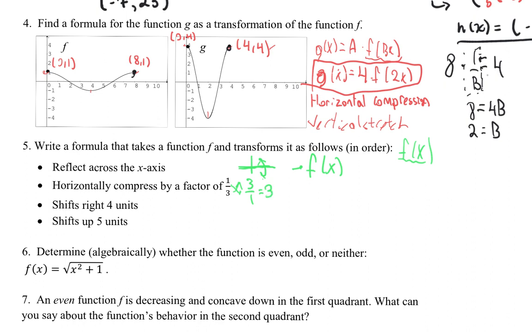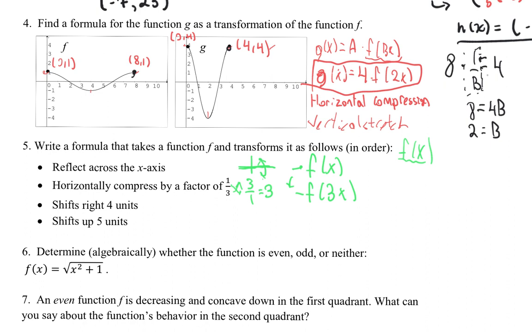You're saying it has 3. So inside, because horizontal stuff happens on the inside of our f of x, we're going to have a 3x. We're still having the negative in front because we're reflecting it first, but now we're also compressing it horizontally by a factor of 1/3, so we're multiplying the inside by 3.